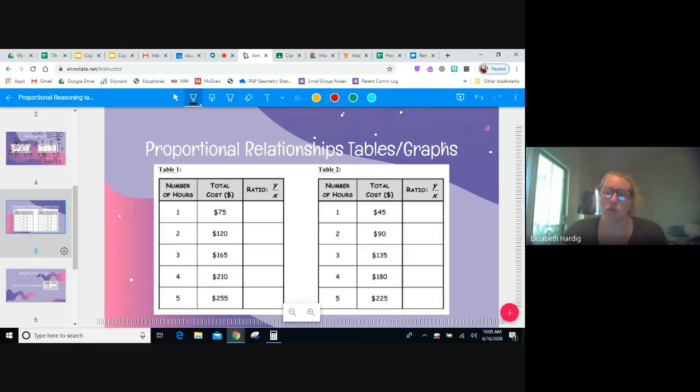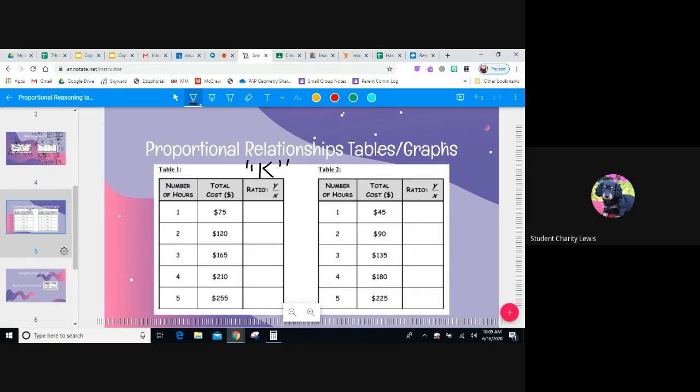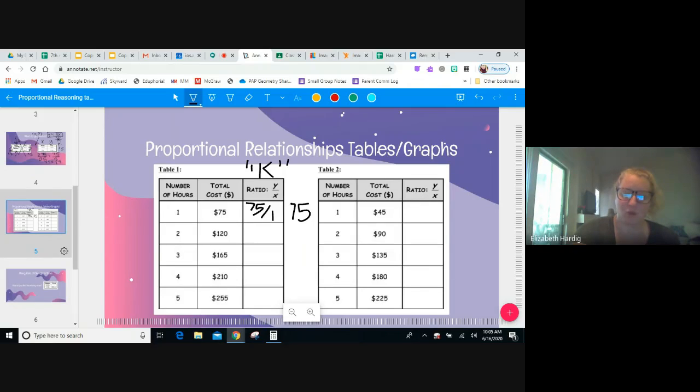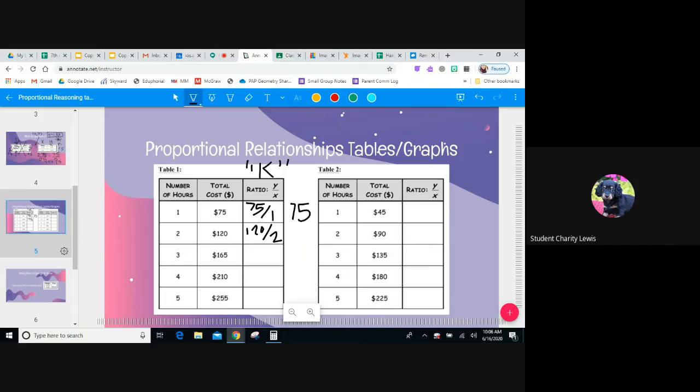Now we want to see proportional relationships with tables. So this ratio where we put y over x, this is our K. What is 75 divided by 1? 75. So that equals 75. What is 120 divided by 2? 60.